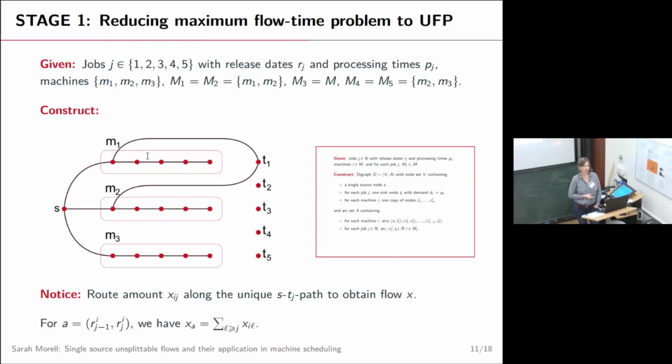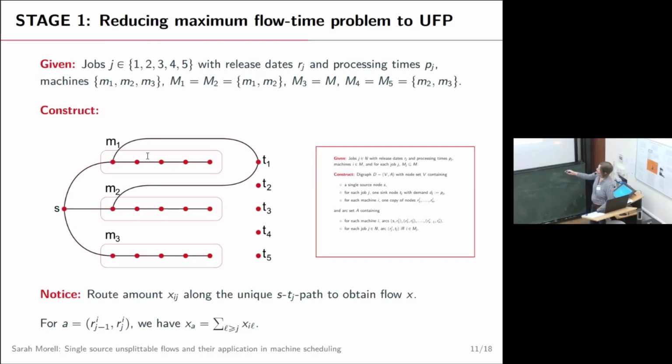Okay, so if we have a look at the flow value on those arcs, especially those lying within this machine, we have that x_a is the sum over all l at least j of x_il. So whenever we have an index that is at least j, it has to be routed along this arc.